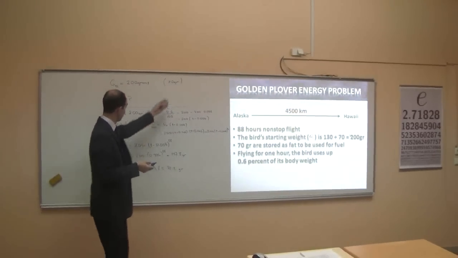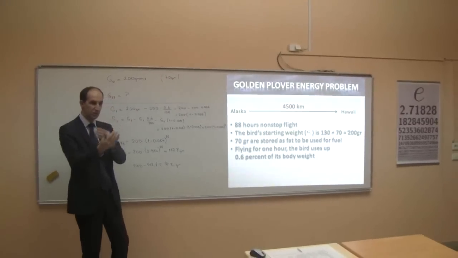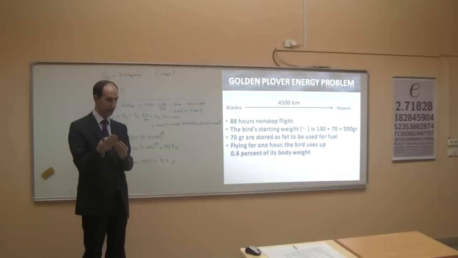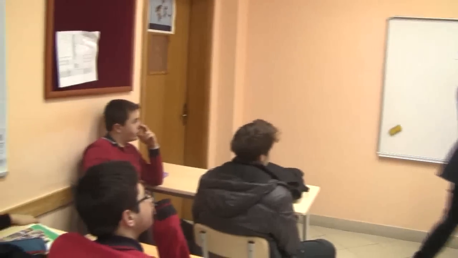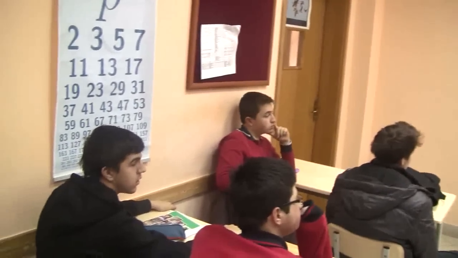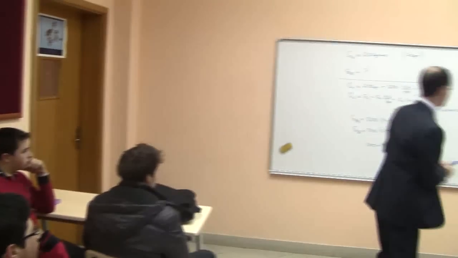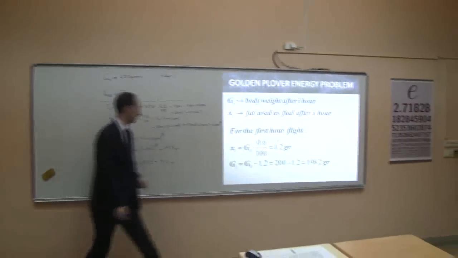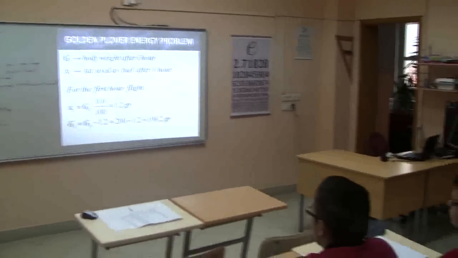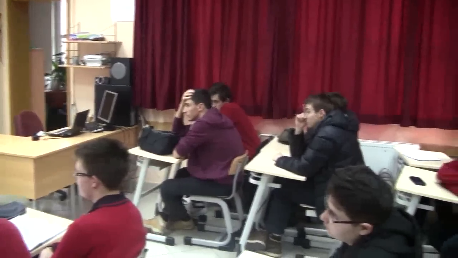So of course, we have 70 grams of energy. So something is decreasing the energy consumed. We have two important things here. First thing is, now you will see, we did this calculation. So the body weight after 88 hours will be 117.8.